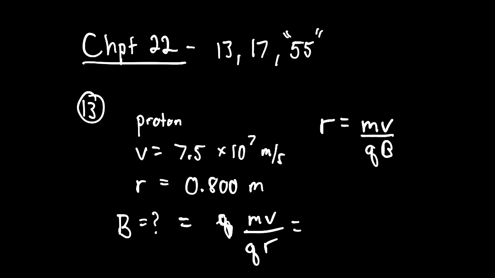Do I know all these? Do I know the mass? What kind of particle is it? Proton. Can I find the mass of a proton? Yes. Coincidentally, if you ask Google what is the mass of a proton, it will tell you I don't know. You have to actually type it in and Google it.